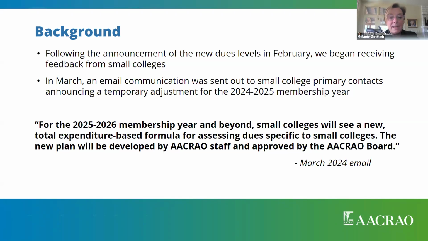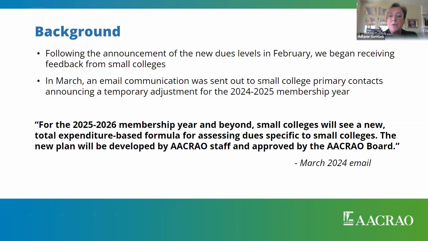As a result of our many outreach efforts, we did receive feedback from a group of small colleges that the increase in dues was more than their budgets allowed. We took that back to the board and explored a number of options, like providing grants and various levels of discounting.